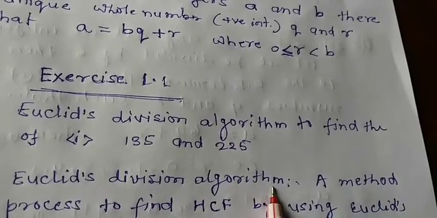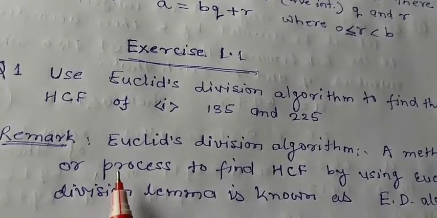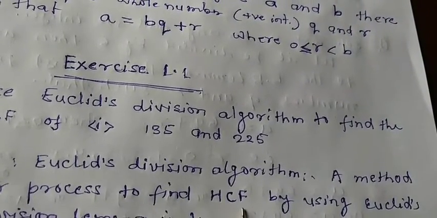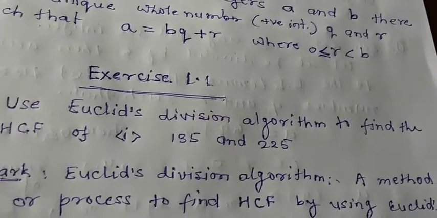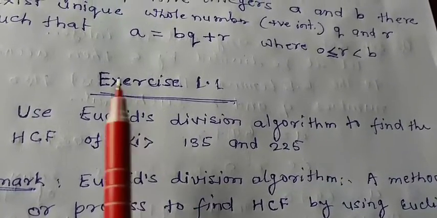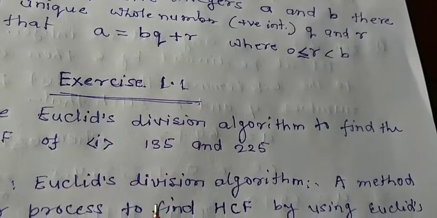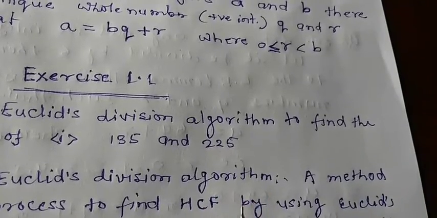Euclid's division algorithm is a method or process to find HCF by using Euclid's division lemma. By using this division lemma we can find HCF, so that's why the method is known as an algorithm. An algorithm is just like a process.